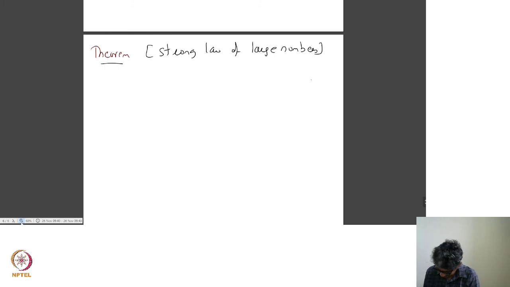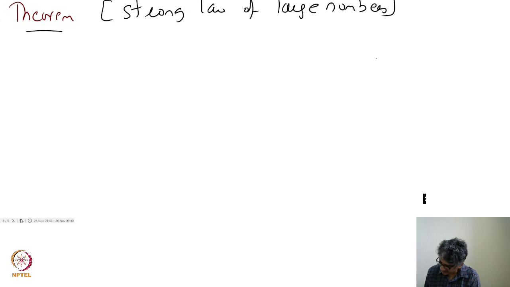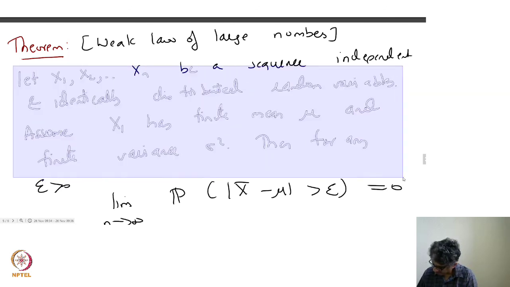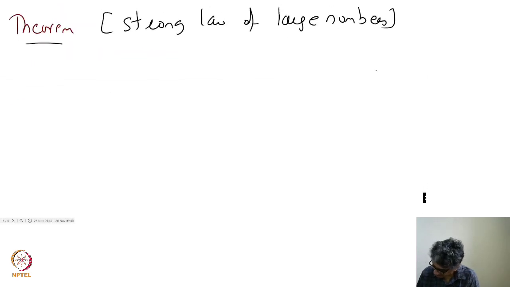And the result is the following, that again, the assumptions are the same. So let me copy it down. Let's say X1, X2, ..., Xn, finite mean. Let's assume finite variance for the time being, because I don't need that. So, the stronger statement, which will require some more hard work to show: let X1, X2, ..., Xn be an IID sequence of random variables.